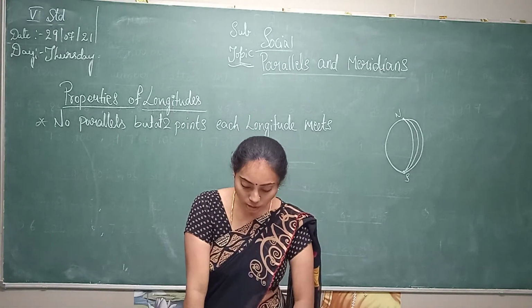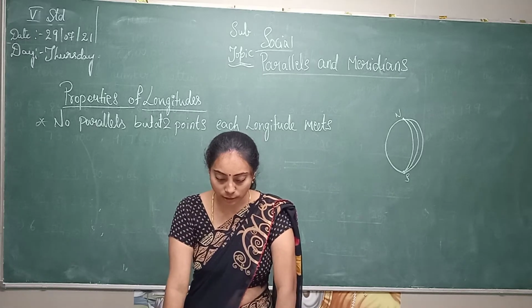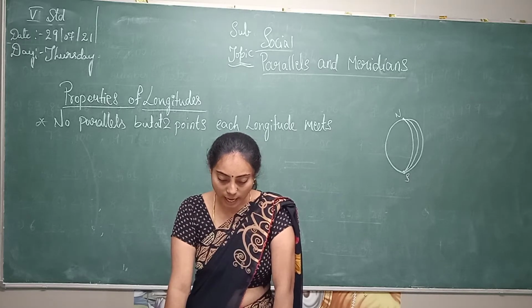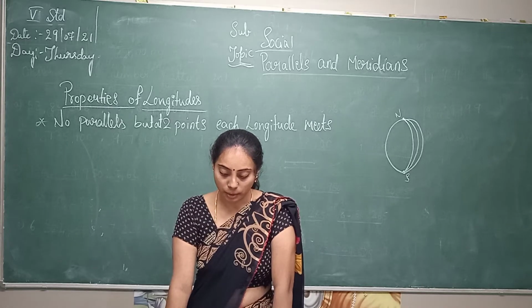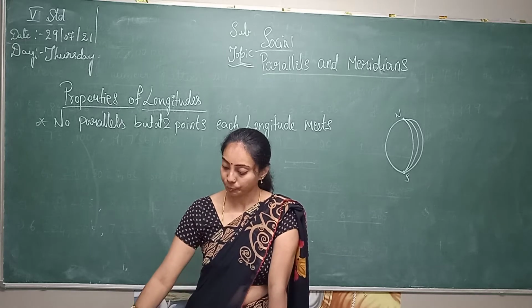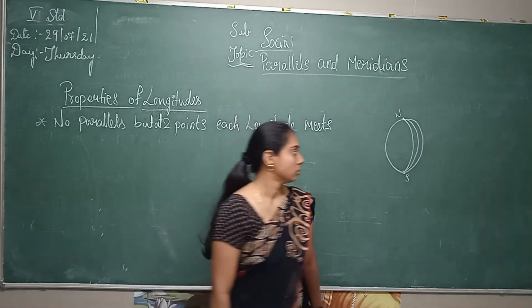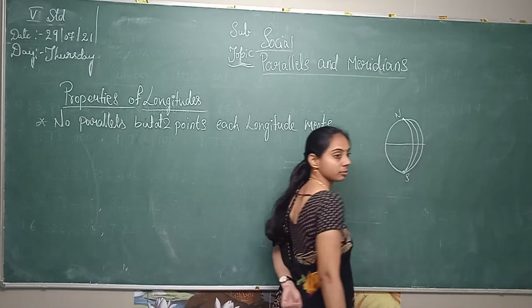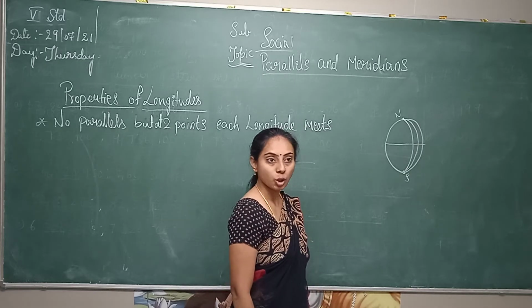Next, the longitudes are farthest apart at the equator. The gap between them decreases gradually as we move towards the poles where the longitudes meet. Here the equator comes.